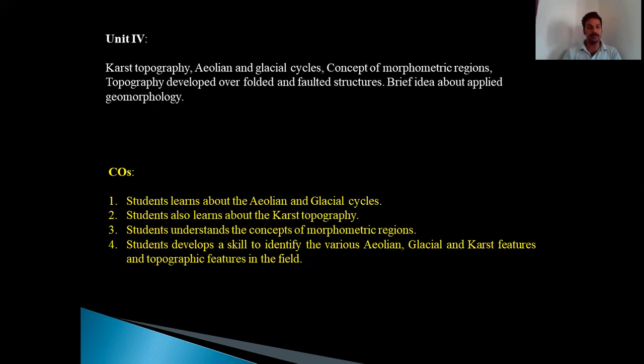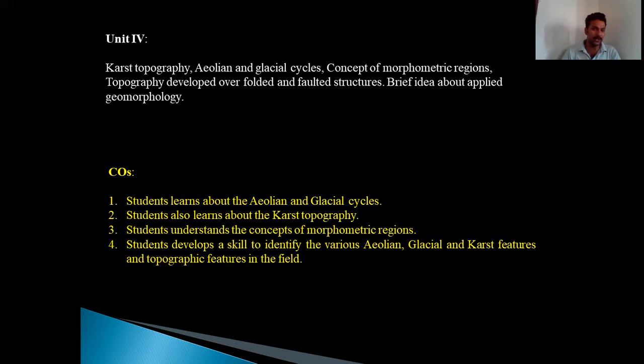Let us see the last unit, which is the fourth unit, and it belongs to geomorphology. Here we will discuss karst topography. Karst is developed in limestone terrain. Then we'll go for aeolian, which is actually the features developed by wind action.